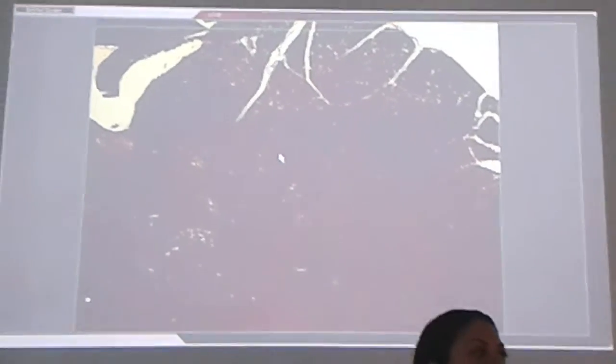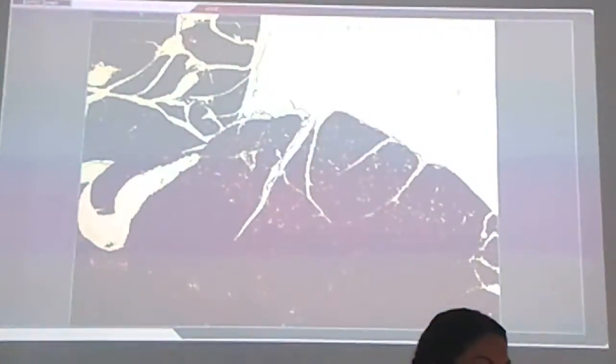What do we call the endocrine part of the pancreas? Langerhans Islands. Among this exocrine gland, I am showing you the Langerhans Islands. See these pale staining areas. These pale staining areas are the Langerhans Islands.